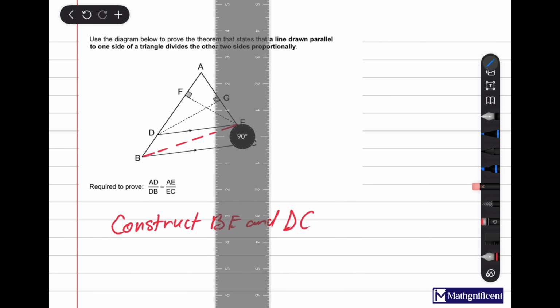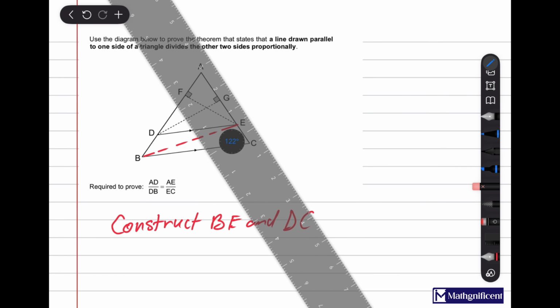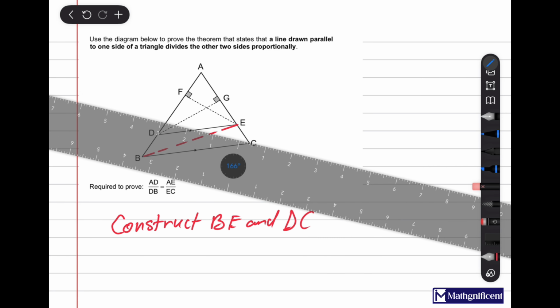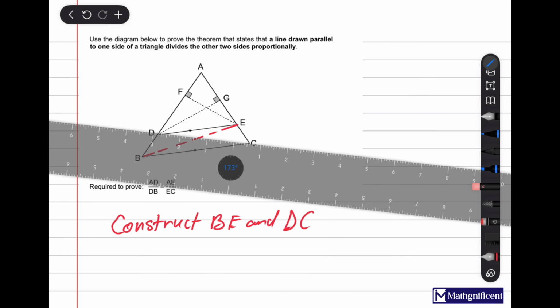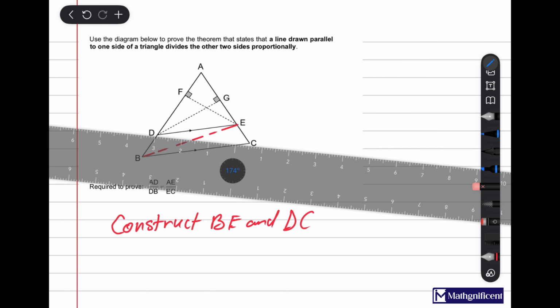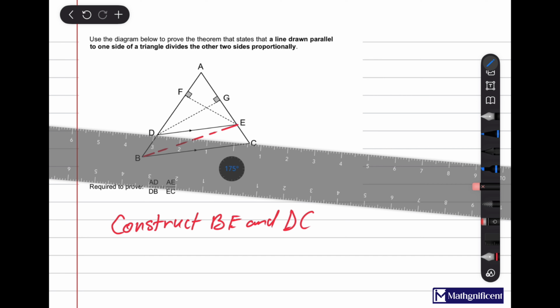Then we are going to have another triangle when we now construct DC. So this is what we are going to have when we construct DC.